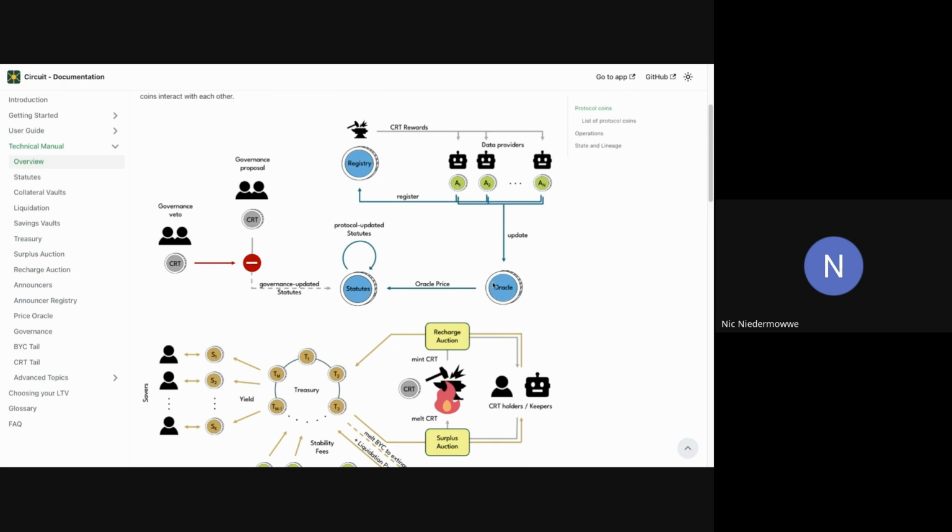The oracle in itself is a singleton, and the price we store in here is basically made up of a number of price feeds that come from these, we call them announcer coins.